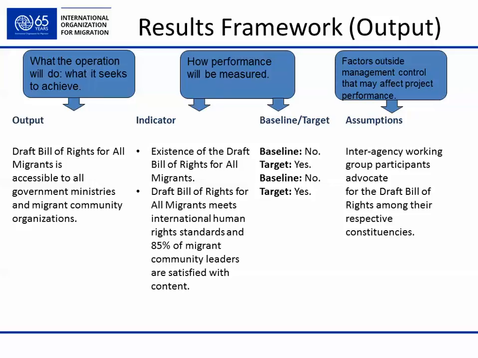The draft bill of rights meets international human rights standards, and 85% of migrant community leaders are satisfied with the content. So we need to demonstrate by the end of the project that it meets international human rights standards and that 85% of migrant community leaders are satisfied with it. Assumption: inter-agency working group participants advocate for the draft bill of rights among their respective constituencies.